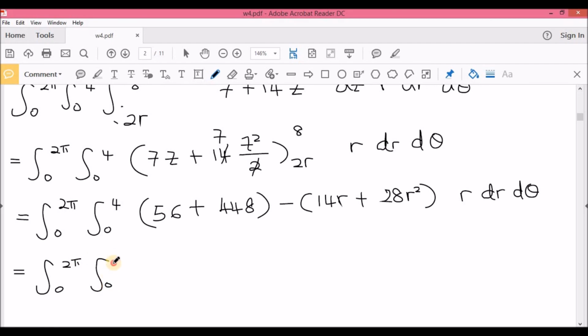You simplify: 56 plus 448 gives 504, minus 14r minus 28r squared, and times r.